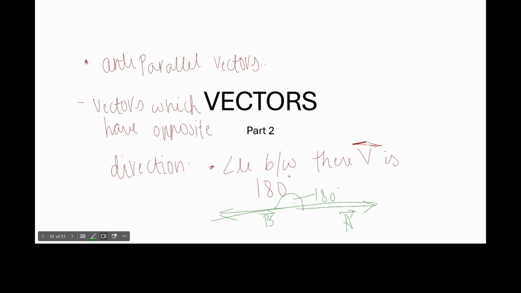So if I define a sign convention, if I take my right side as positive and left side as negative, I can say that A is in the positive direction and B is in the negative direction. So these vectors are in opposite direction.